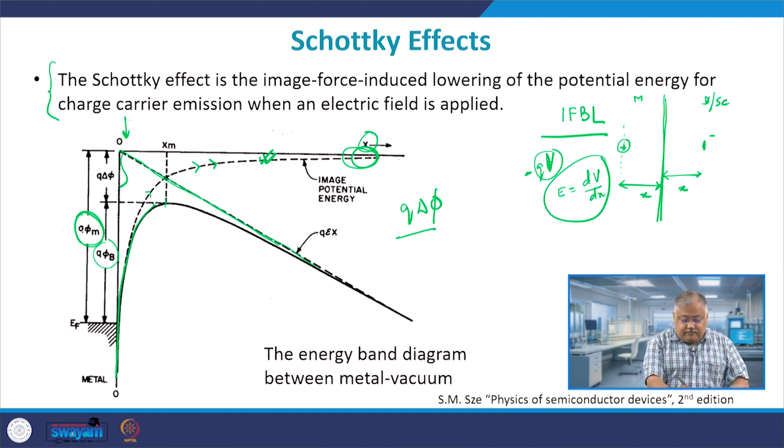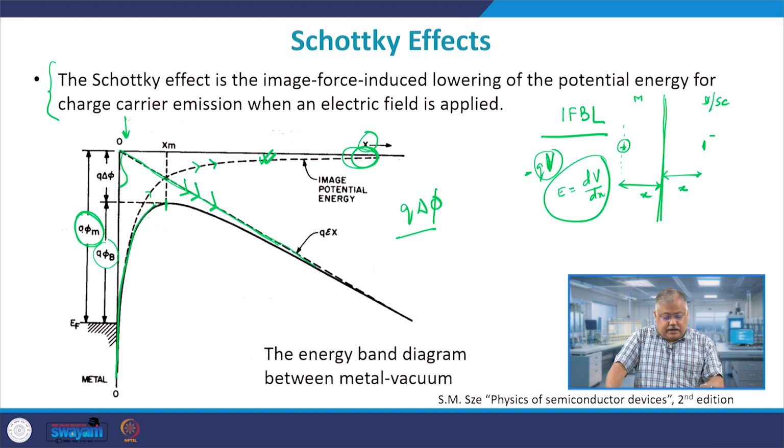But above the xm value, it tries to follow this curve, which is the electric field, or the energy field, actually available without image force barrier lowering, and it becomes significant beyond the value of xm. Below the value of xm, the image potential energy is very large.